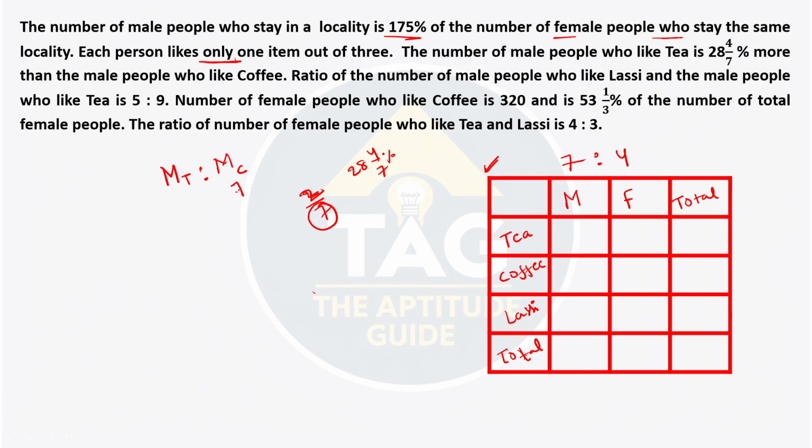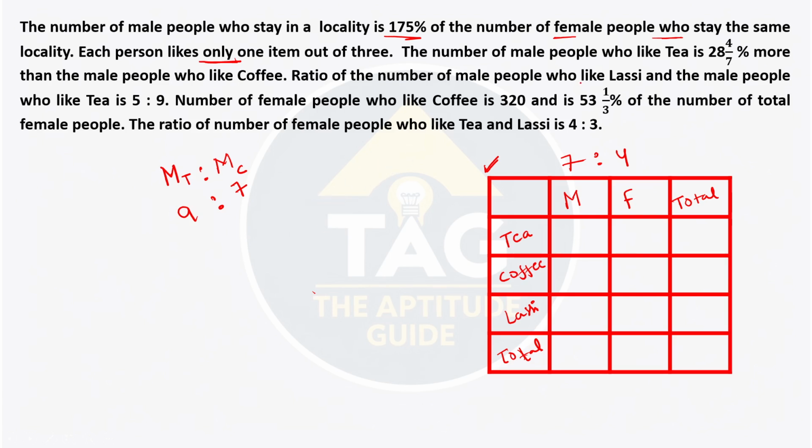So male coffee should be considered as 7, so that male tea will be 2 more than this, so it's 9. Once fraction values are known for the percentages, you can easily solve it this way. So male tea is to male coffee is 9 is to 7.